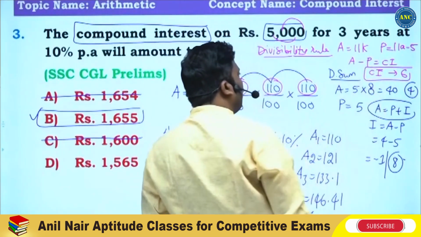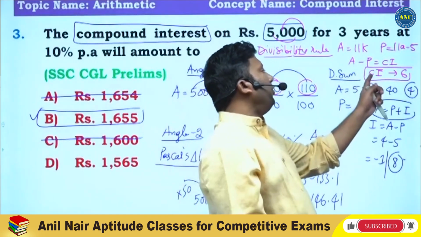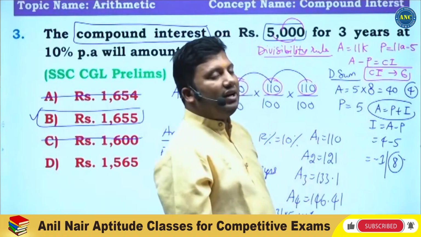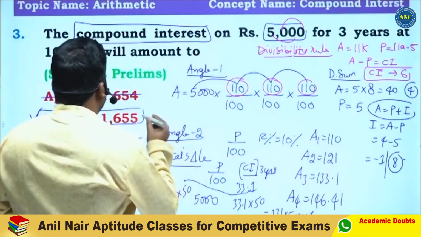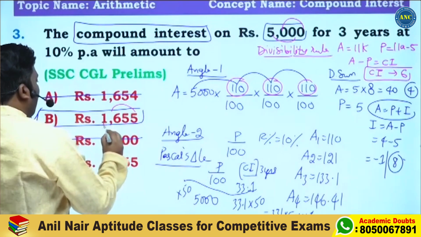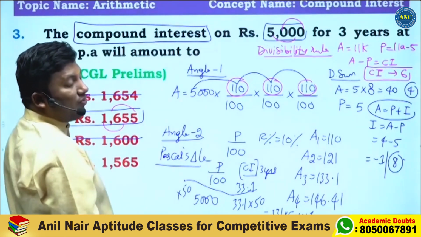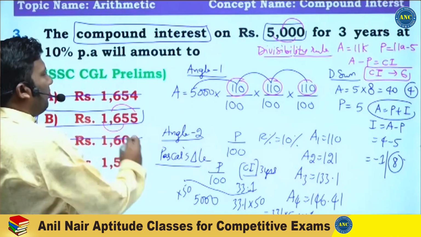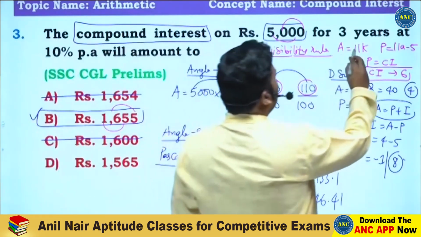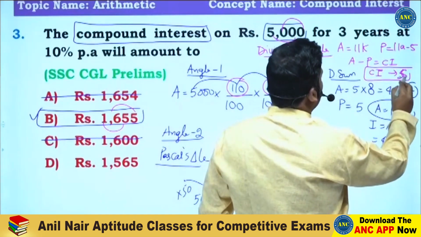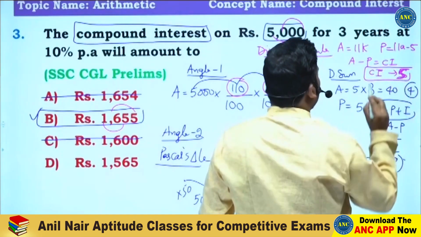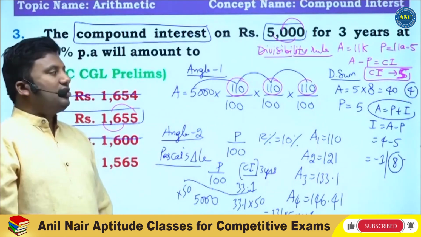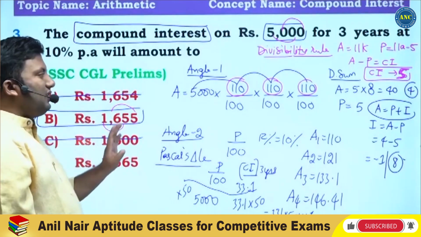Amount minus principal is the compound interest, and it should give remainder 6 when divided by 11. 5 plus 6 is 11. So 11 minus 6 is 5, and minus into minus gives plus.